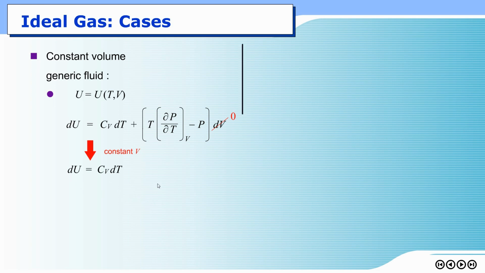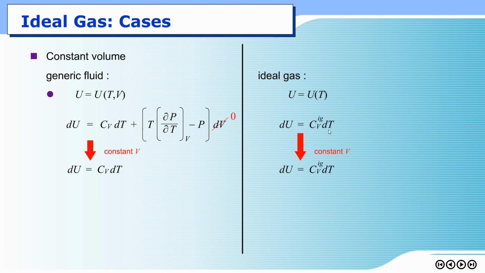Okay, on the other hand, for ideal gas, we know that internal energy is a function of temperature only. If you take the derivative, you get dU equal to Cv dT. At constant volume, you should notice that on the right hand side of this equation there is no volume at all.